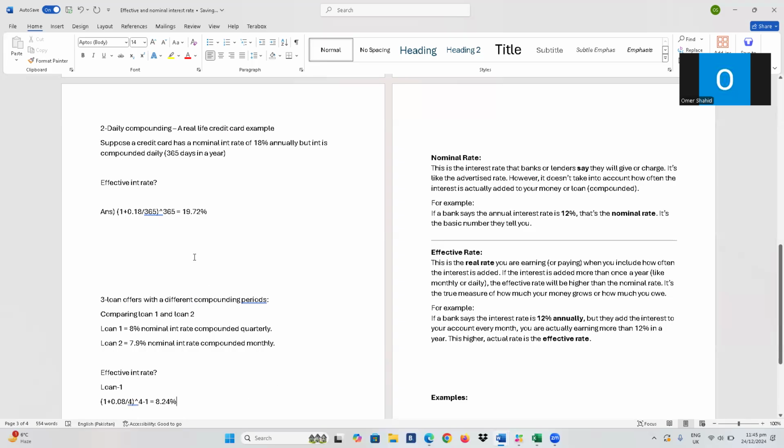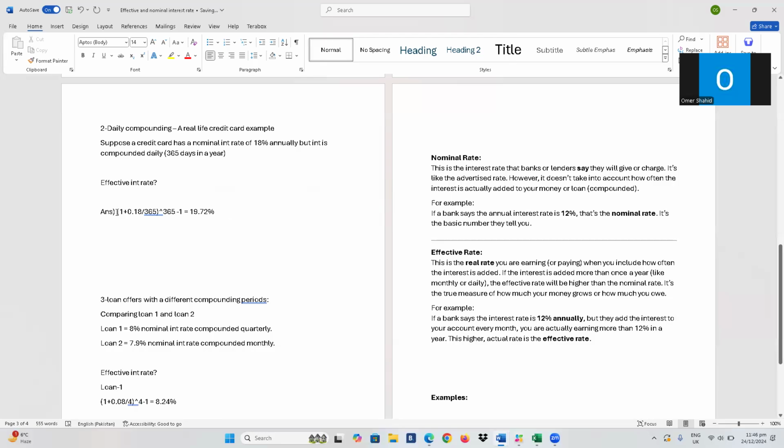Okay, there was a slight mistake in the above formula. We did not subtract 1 in example number 2. Our answer is correct, but we need to subtract 1 in the formula. So minus 1.